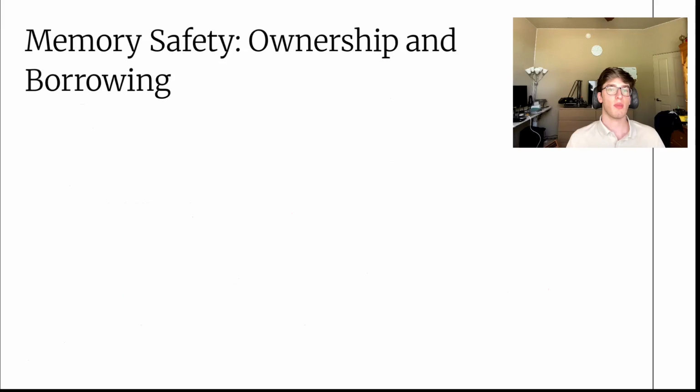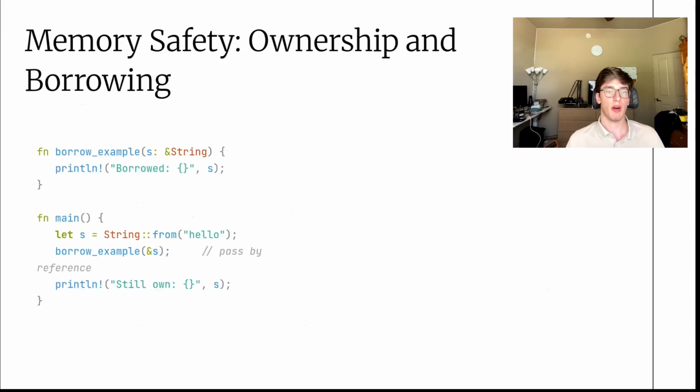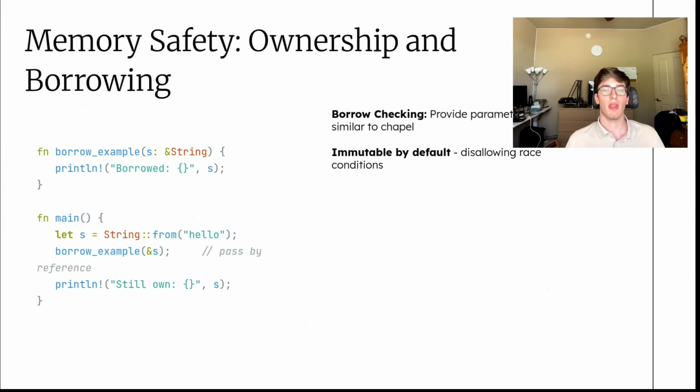So, as I mentioned prior, Rust has a number of memory safety features like ownership and borrowing. So as you can see in this example, we're passing s as a reference, so that allows the callee to borrow it.